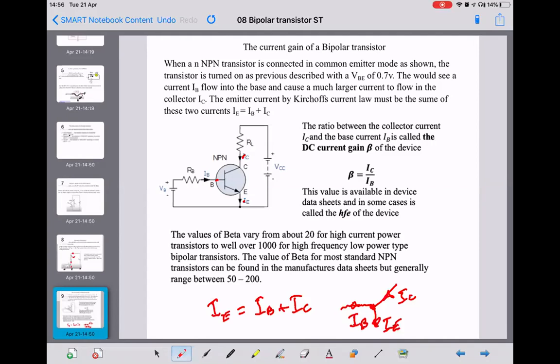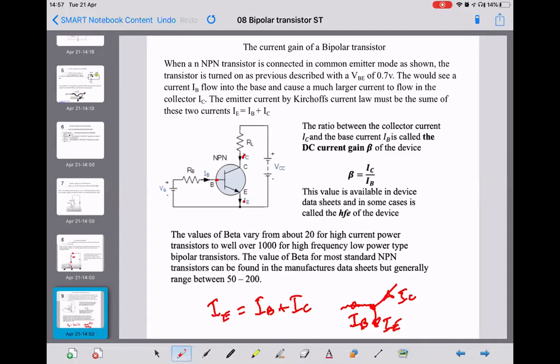The value of this beta can vary from about 20 for high current power transistors to well over 1,000 for high frequency, low power type bipolar transistors. The value of beta for most standard NPN can be found in the manufacturer's data sheet, but generally it ranges between 50 and 200.